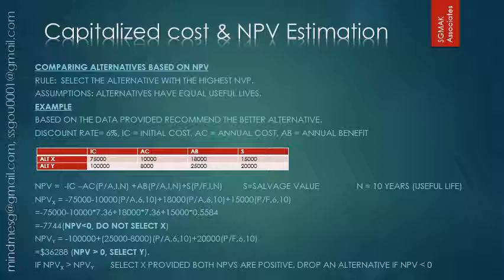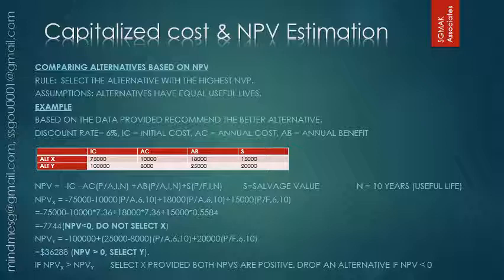Since net present value is negative, we do not select X. It drops out. Now let's look at Y. Same reasoning, but its net present value comes out to be $36,288. Is positive, so we select Y.